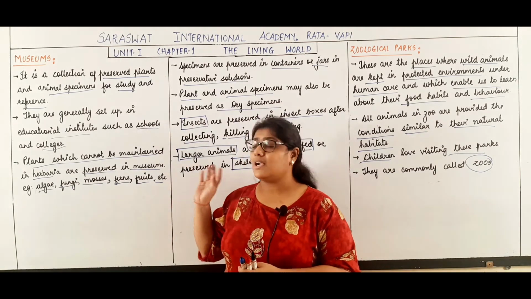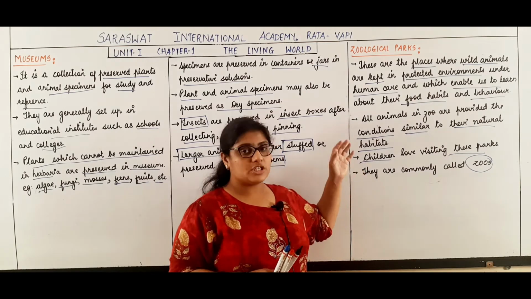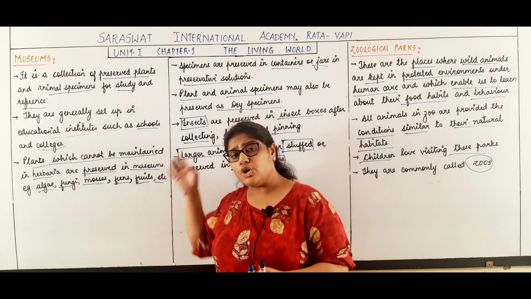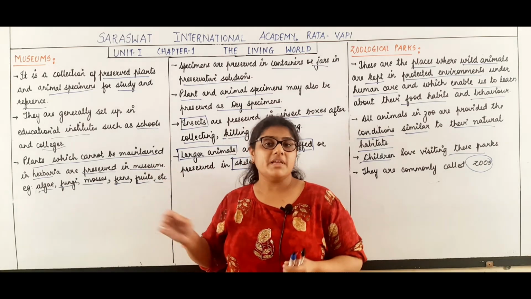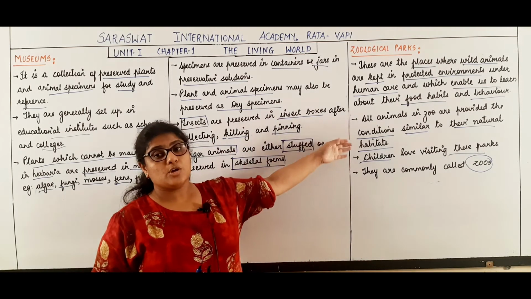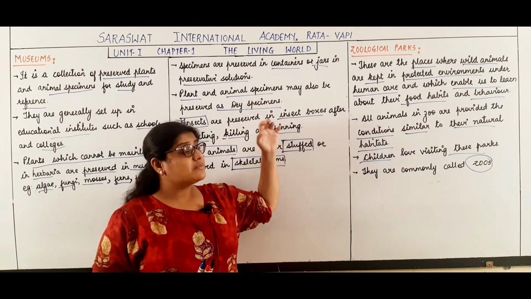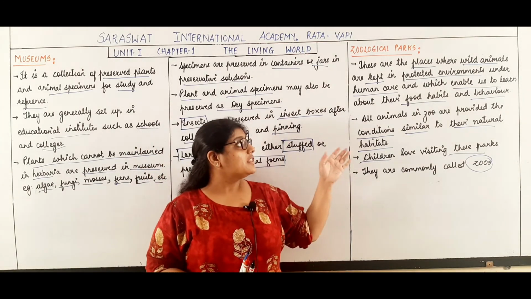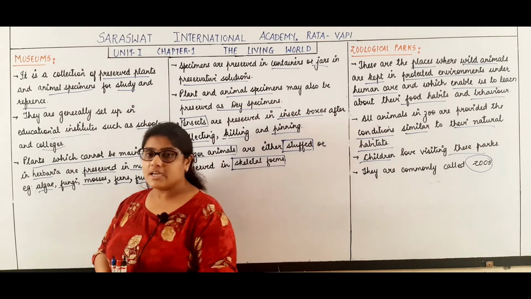So, that is regarding the museum and zoological park. In museum, the animals and plant specimens are not maintained in the living condition, whereas in the zoological park, the wild animals are maintained in the living conditions.